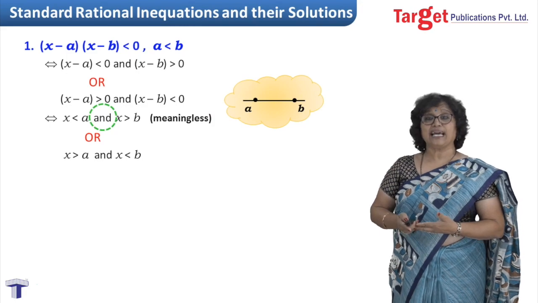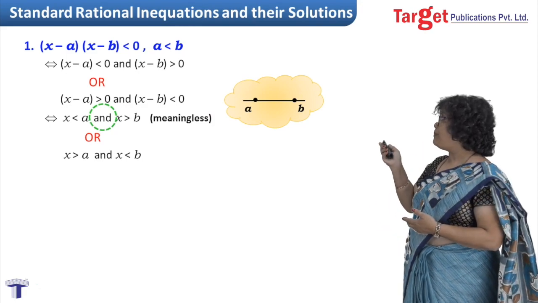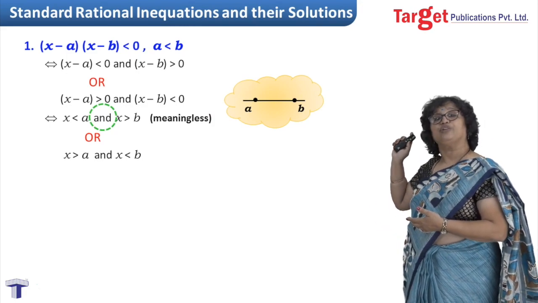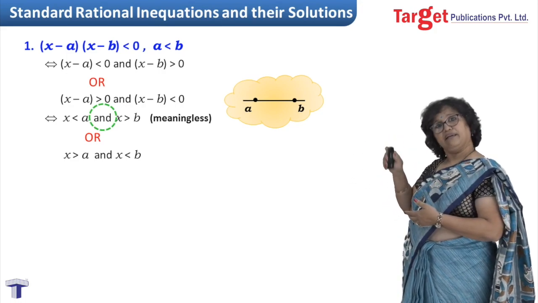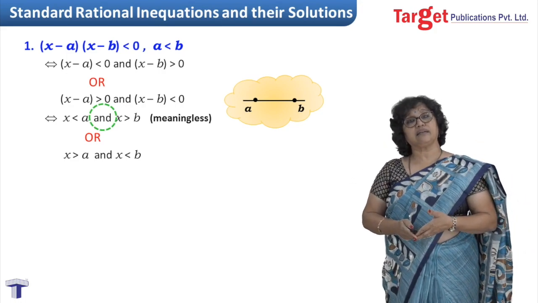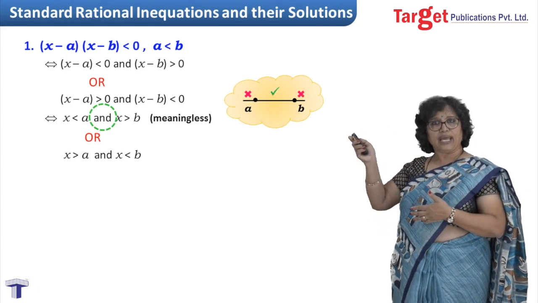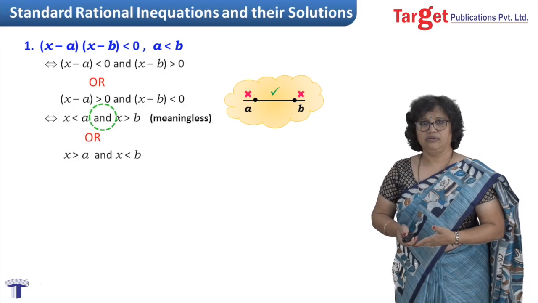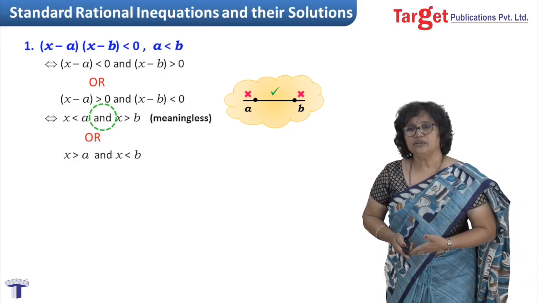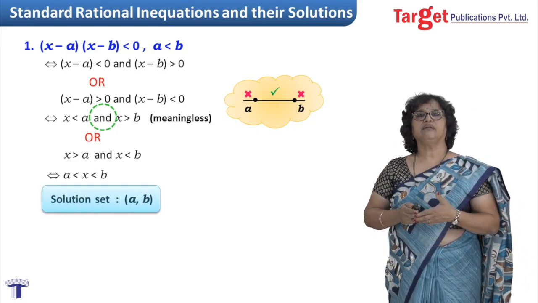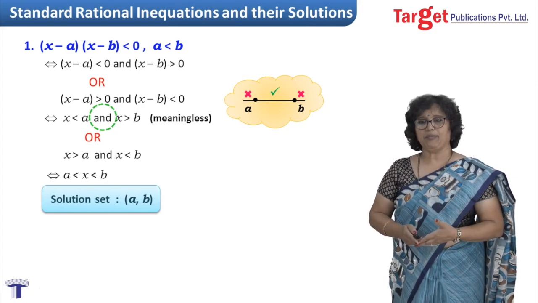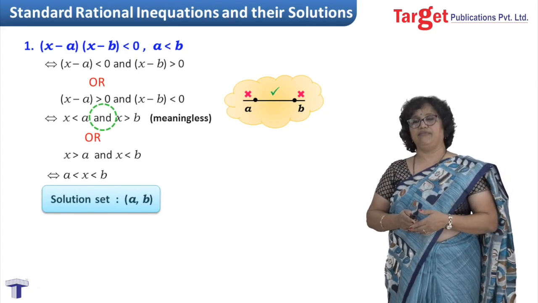The other option, x greater than a and less than b, is possible. Some x which is more than a and less than b may happen. So our correct part is between a and b, and before a and after b is not of our interest. So the solution set is the open interval (a, b), round brackets used.